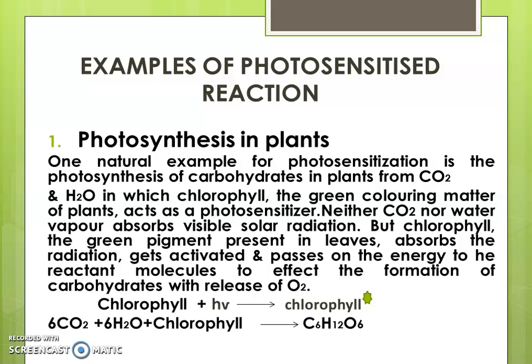That is, conjugation means a single bond, one double bond, single bond, and so on. Okay, that is the reason chlorophyll is absorbing light. This chlorophyll contains an extensively conjugated system of alternately single and double bonds, which helps the molecule to absorb visible radiation. Okay.